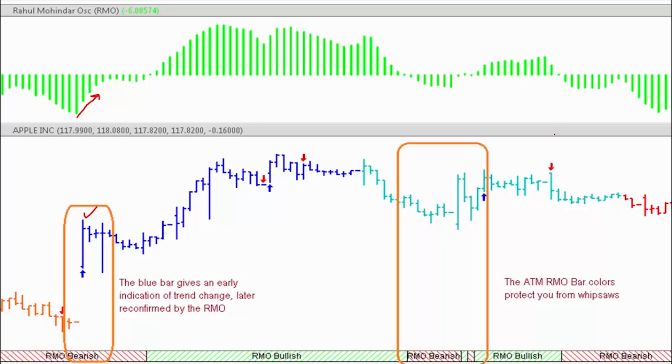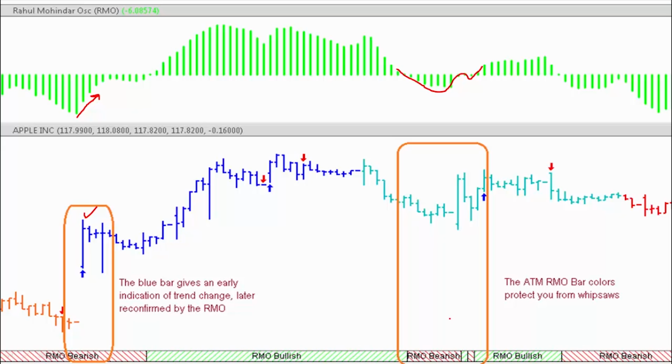Likewise, sometimes when the market gets sideways and the RMO goes from negative to positive in quick succession, when you look at the light blue bars, you really have a clean sense that the market is still strong and bullish, and you're not really going to get stuck into these whipsaws where the RMO goes from positive to negative in quick succession.